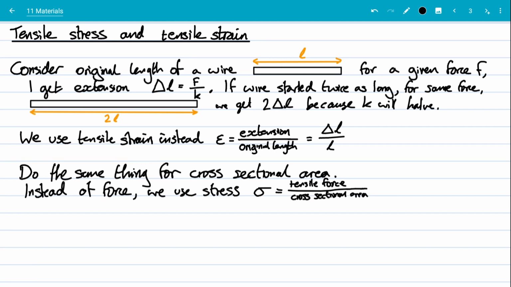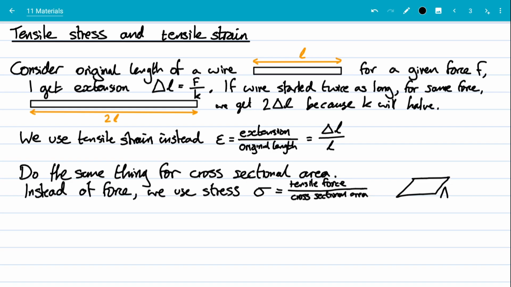And what do we mean by area vector? Well, the area vector is perpendicular to the plane of the area. So in other words, if this is the area, that's the area vector A, perpendicular to the plane, and we need that to be parallel to the tensile force T. So the cross-sectional area we choose is the one where the area vector is parallel to the tensile force.